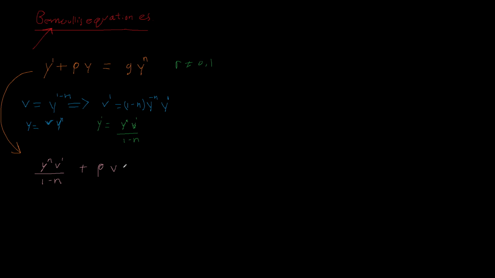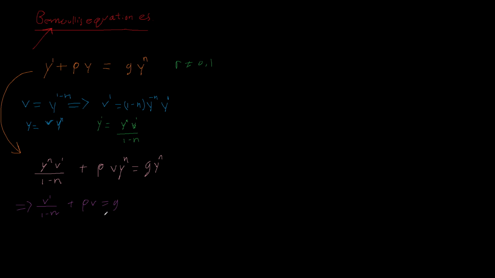So we get this equation here. And notice you have y to the power n on all sides. This can collapse, and this is going to turn into v prime over 1 minus n plus p v equals g.